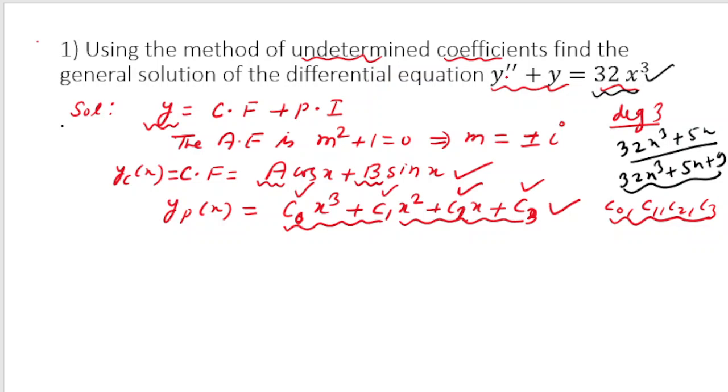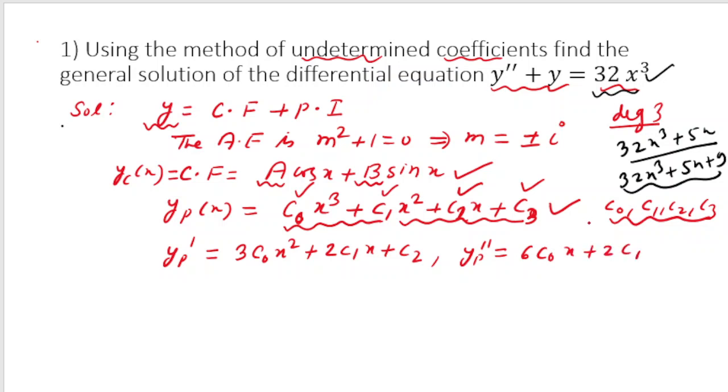To satisfy the equation, I need to find yp double dash. For that, first we have to find yp dash. That will give me 3C0 x square plus 2C1x plus C2, and yp double dash will give me 6C0 x plus 2C1.